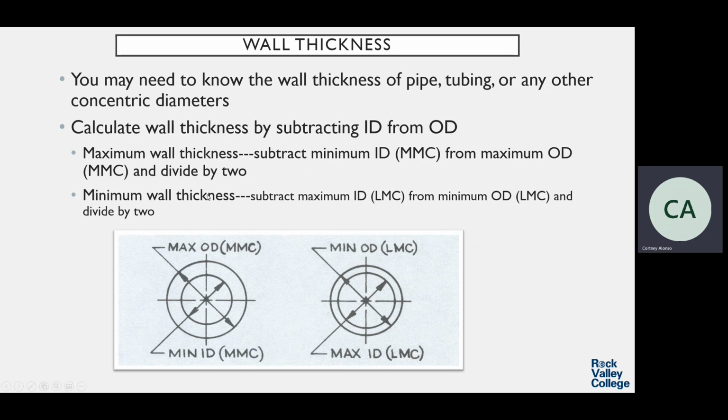So you can see the common thread here is MMC by MMC divided by 2, or LMC by LMC divided by 2. I think on your homework you're going to be asked a question like this: what is the wall thickness of the pipe? Okay, so this is how you would get that information. Just reference back, this is in your book, and then reference back to these calculations.